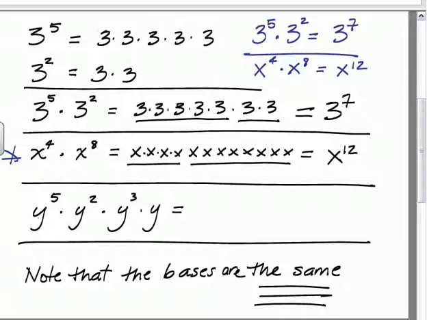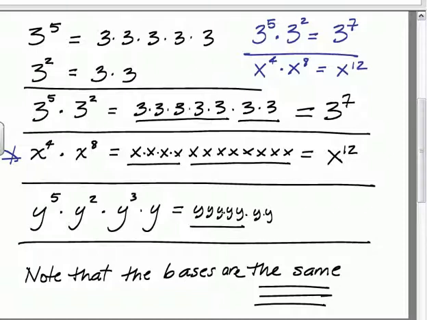Okay, in this one, with all of these y's, I'll go ahead and do all the y's. So we'll see what this looks like. We've got y to the 5th, 1, 2, 3, 4, 5 y's being multiplied, times y squared, 2 y's being multiplied, and all of these are multiplied.